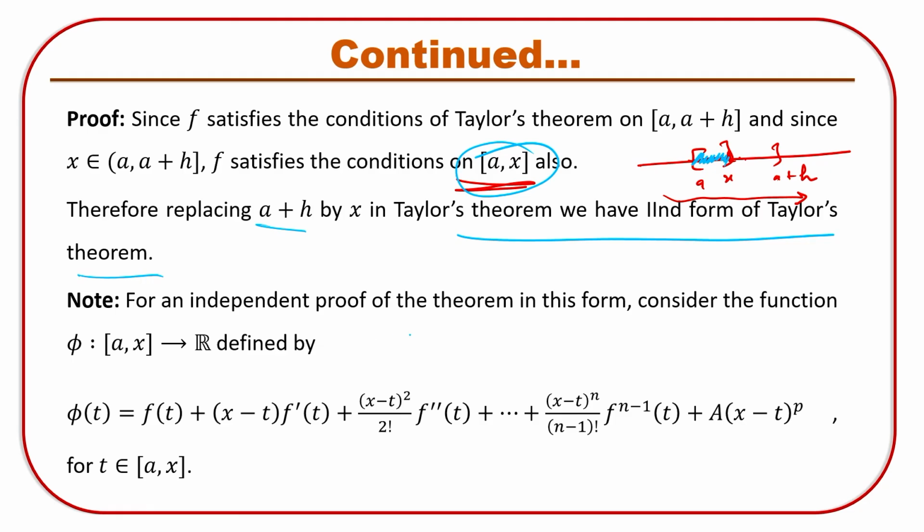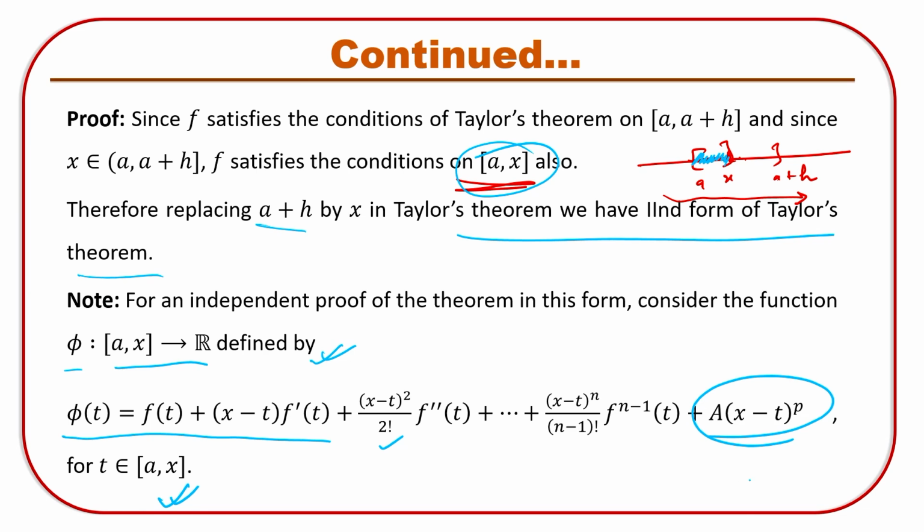So, for an independent proof of the theorem in this form, consider the function phi, a plus x, as a real valued function and then construct phi(t) equal to f(t) plus (x minus t) f dash of t plus (x minus t) square by factorial 2, and so on, and in the last term we have a into (x minus t) whole power p, for t belonging to the interval a to x, right.